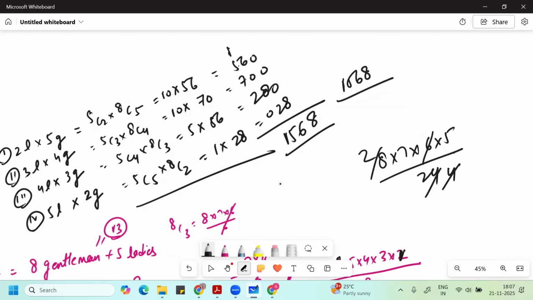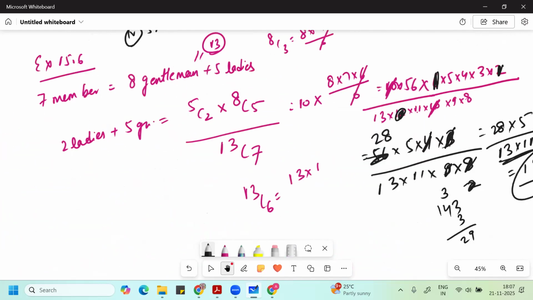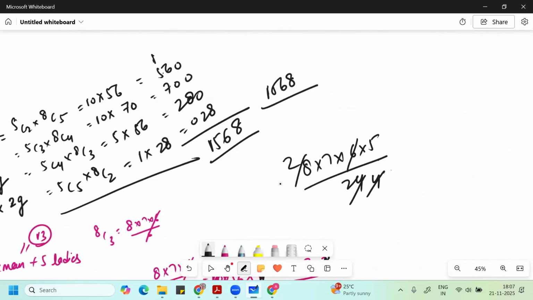1568 divided by the total. Total is what? 13C7. 1568 by 13C7, which is nothing but 13C6. Find the value of 13C6, that is your answer.